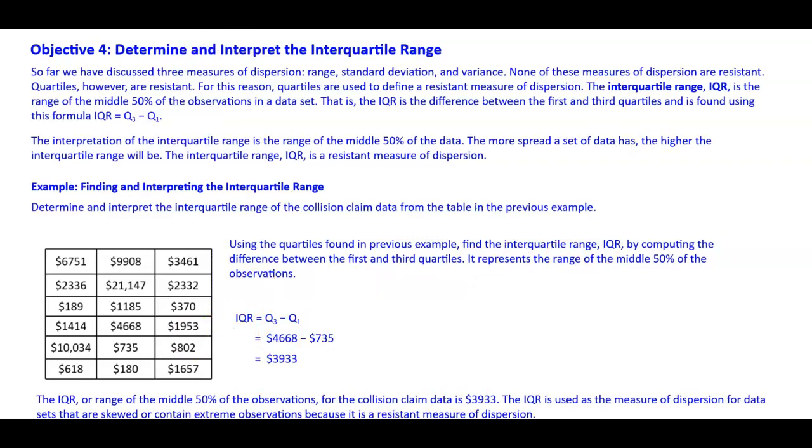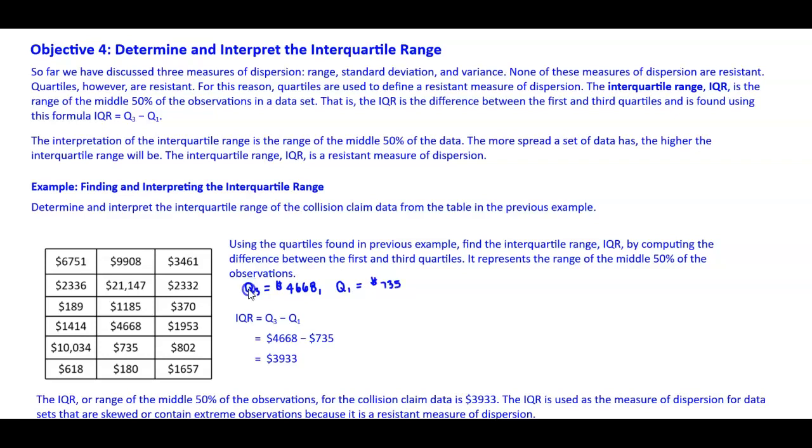So let's go back and discuss here. Back in our previous example, we found that quartile 3 was $4,668, and then we found that quartile 1 was $735.